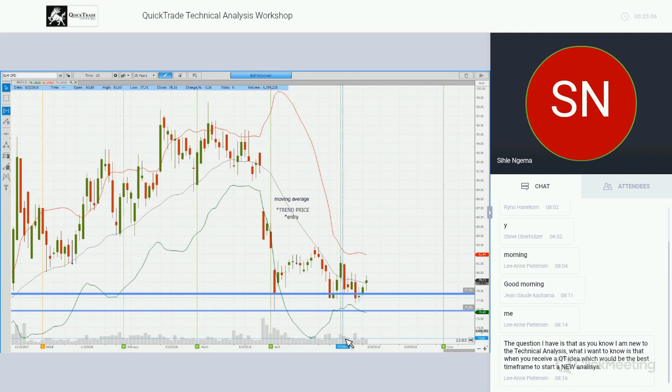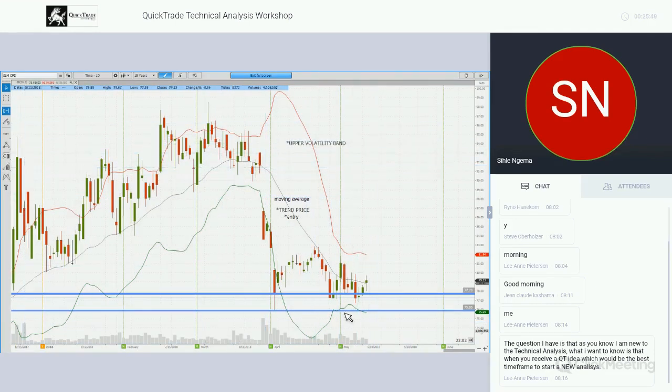Now, the other lines, which are the top line and the bottom line, those two lines are known as volatility bands. The red line at the top is our upper volatility band. That is the top line.